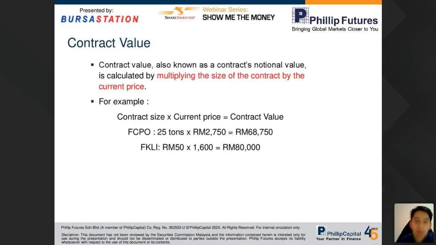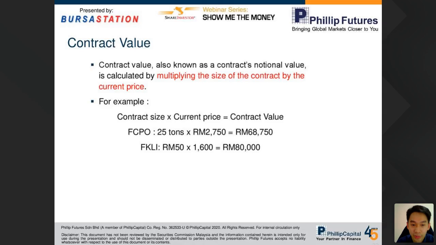Next, we'll go to the contract value. By trading one contract, how large is the value of this 25 tons or 50 ringgit of FCPO and FKLI? To get the contract value, you basically need to multiply the contract size with the current price.